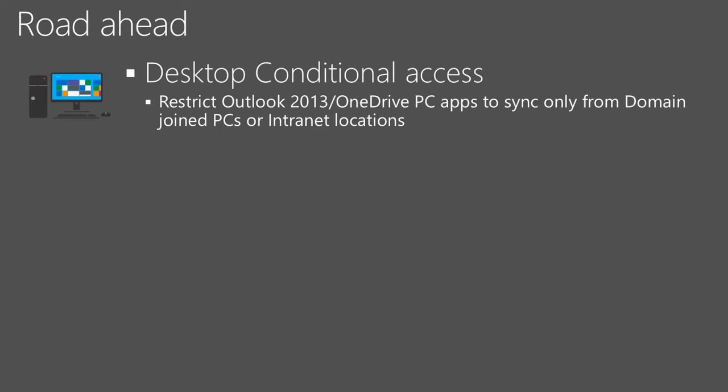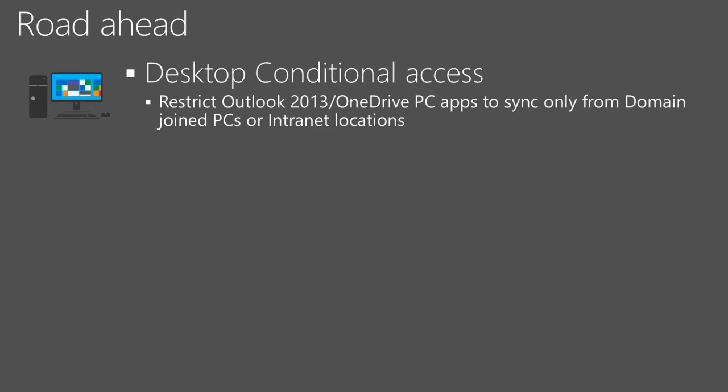So we have a short-term and a long-term solution. The short-term solution is already in preview today for select customers and will ship next month. You as an IT admin define your list of domains, the domain GUIDs for your organization, and if the OneDrive sync is happening from any of those whitelisted domains, then it will allow you to sync. But if you're sitting at a home PC which is not joined to your corporate domain, it will be blocked.